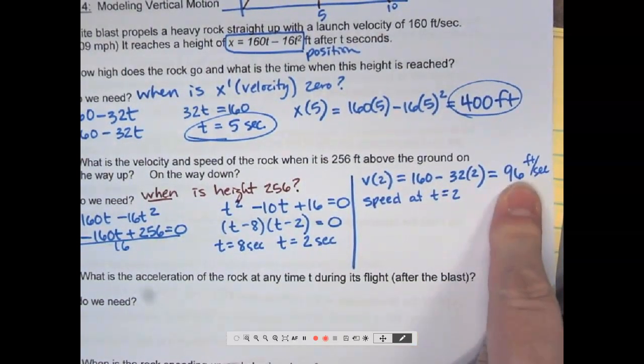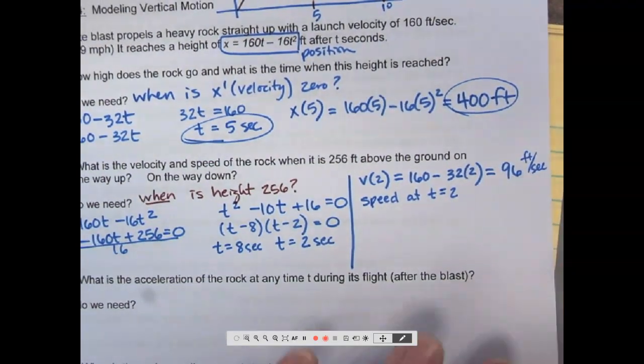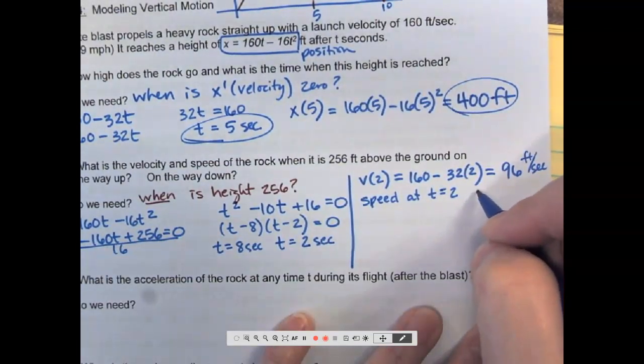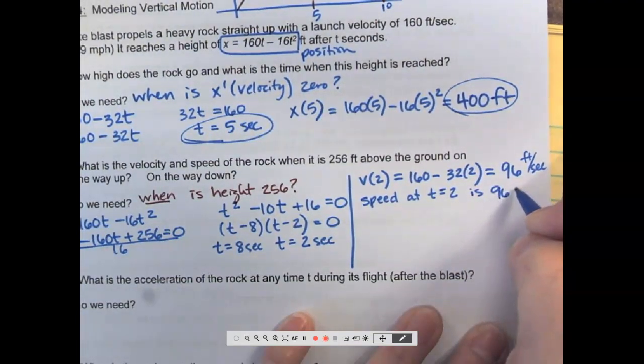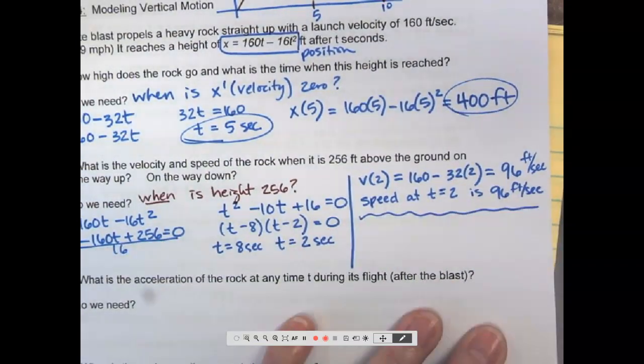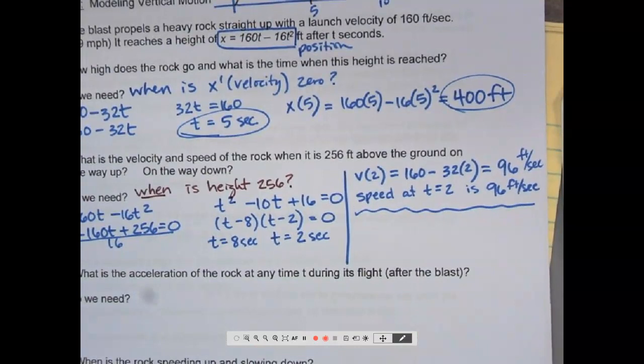It's the absolute value of velocity. So it's still 96 feet per second. Okay, so speed and velocity on the way up are 96 feet per second. Speed is still a distance per time.